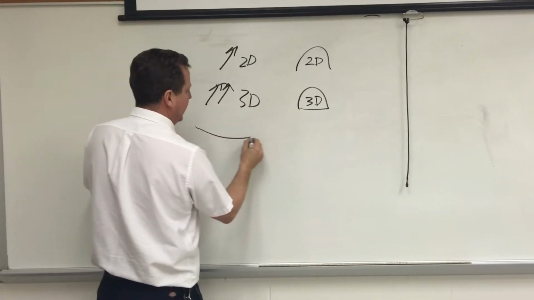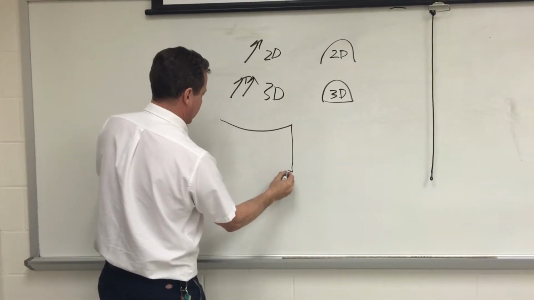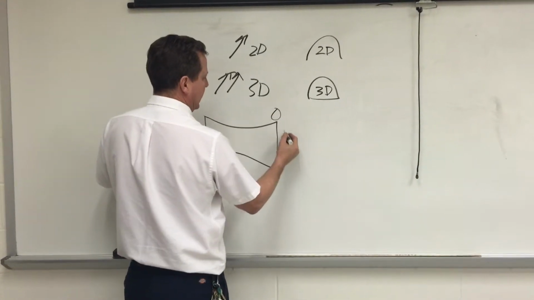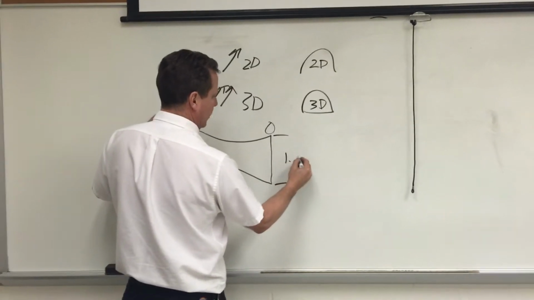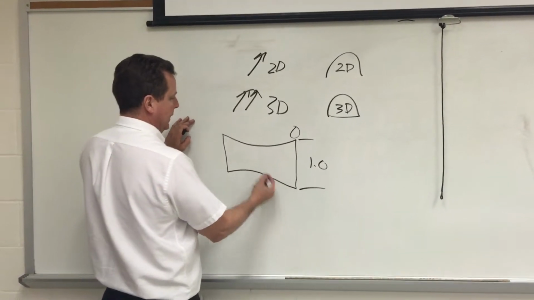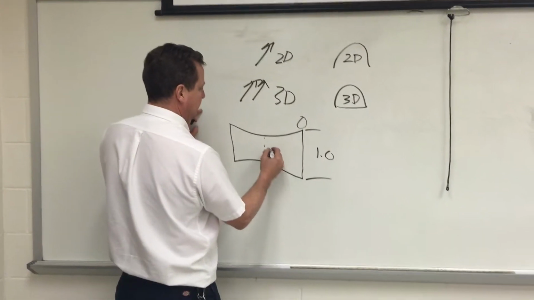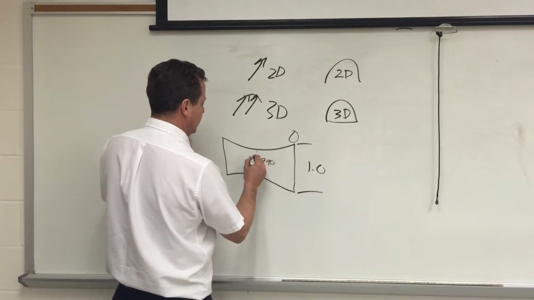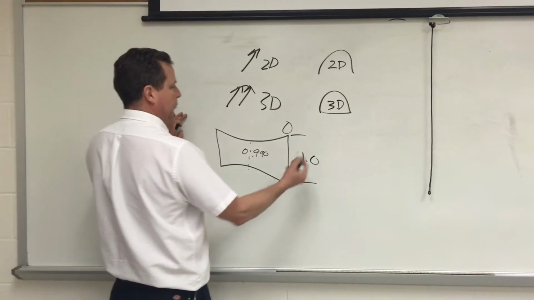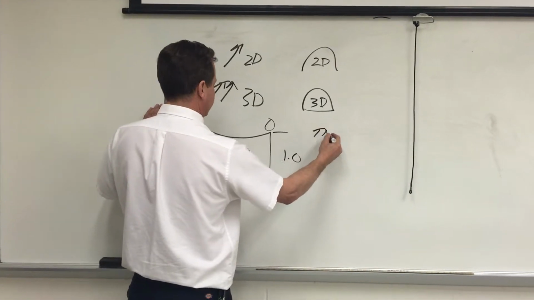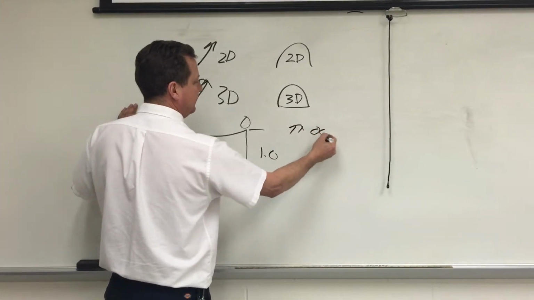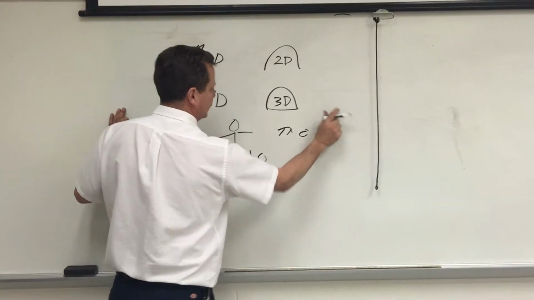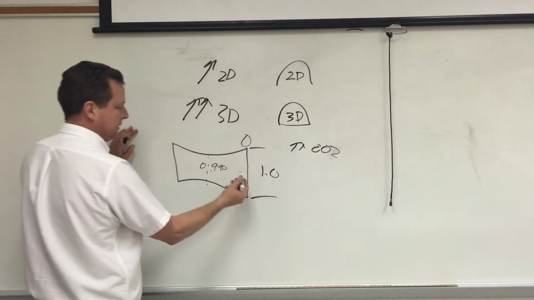If we have a part that runs out 0 here, and it is at 1.0 right here, and in this exaggerated place, it's 0.990, and we had a total runout tolerance of, let's say, 2 thousandths.